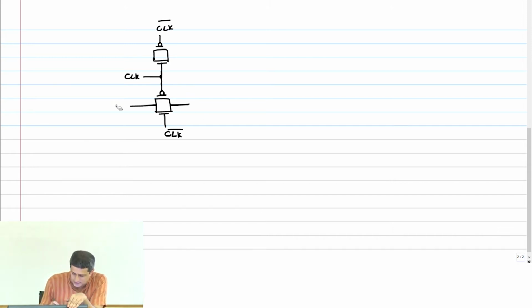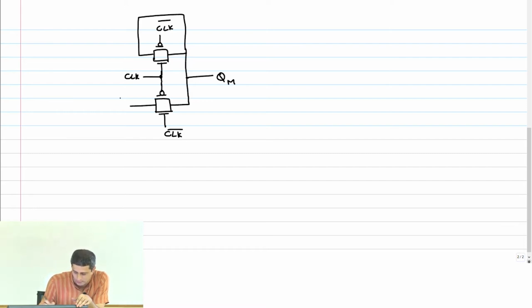Okay, and then we said that you cannot just have transmission gates. Suppose I had a, let me just explain that once more because there was a question last time, right? We connect this like this, QM and D. Suppose I asked you the question, what is the delay of this flop, setup time, or what is the clock to Q delay, right?